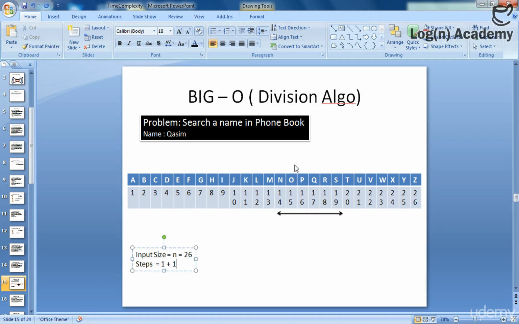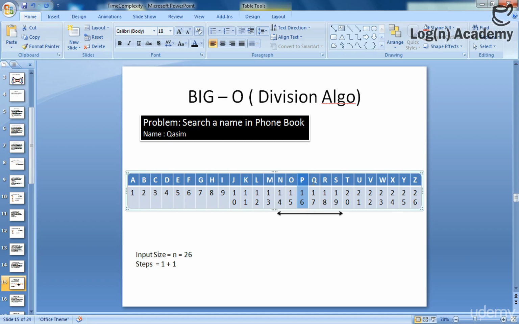Now we will implement the same strategy. We will divide this space into two halves. So now we have P as the middle element. Now we will check whether the letter Q is present on the left hand side or the right hand side.